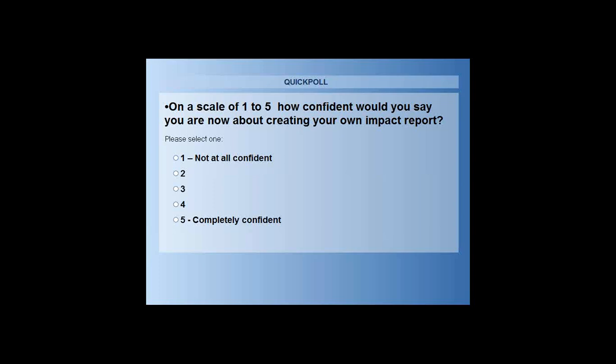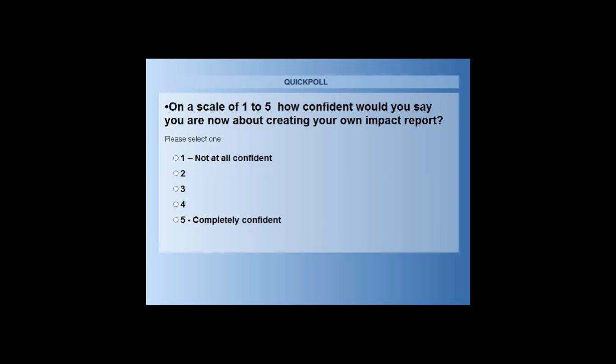So if you don't mind responding again to this poll that should now be open. Thinking about where you are now, an hour after I first asked you this kind of question, where would you say you are in relation to your confidence about creating your own impact report? 1 is not at all confident, 2 is that bit more upwards, through to 5 being you're now completely confident. Have a go, and then the next slide will give you my contact details, and we'll be wrapping up in just a few seconds.